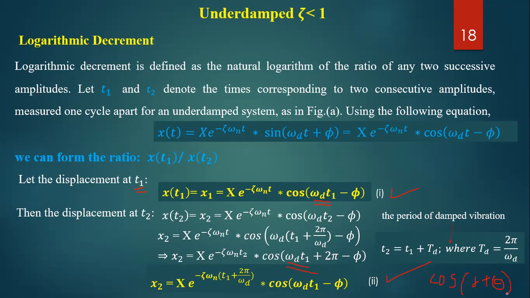Cos of 2 pi is 1, sine of 2 pi is 0, so the sine term will be taken away. So we have left only the cos term, and cos 2 pi is 1.